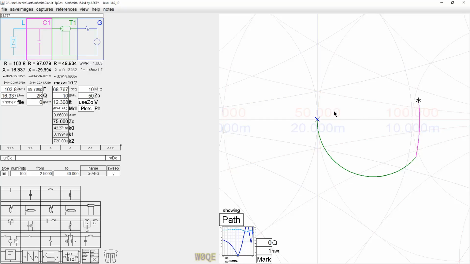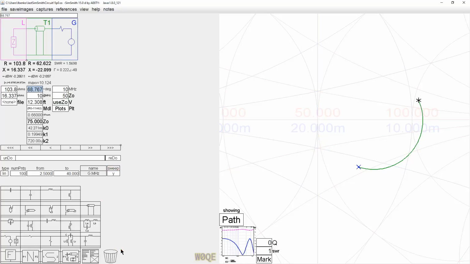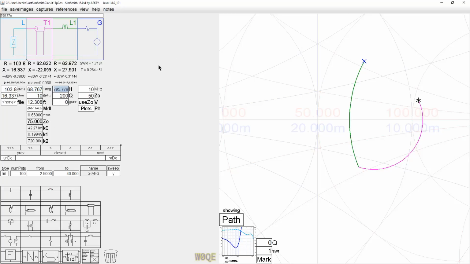I mean, there's a whole host of different ways of doing this. Maybe you don't want to use a capacitor here. Let's get rid of that capacitor. Capacitors maybe aren't real good weather-wise. Can we put an inductor over here, maybe?